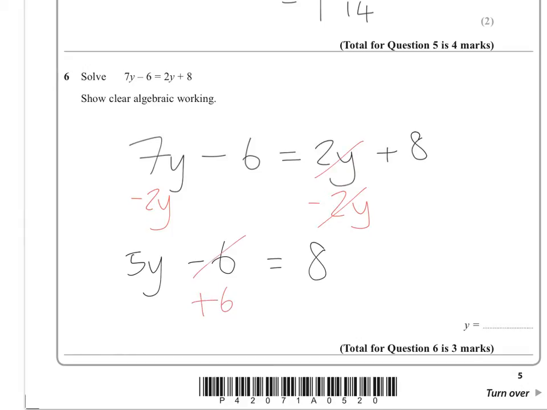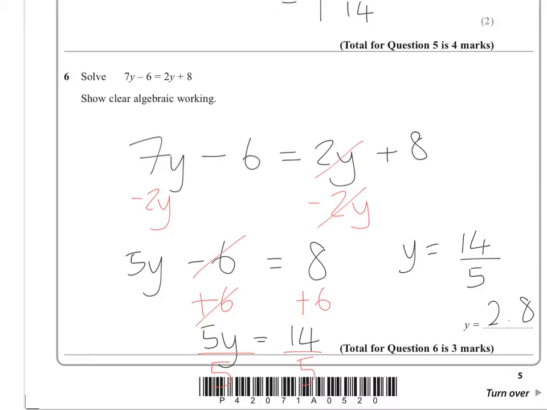Now add 6 to the left hand side, therefore I must add 6 to the right hand side. So 5y equals 14. Divide by 5 on the left hand side, therefore divide by 5 on the right hand side. This leaves me with y equals 14 over 5, which equals 2.8.